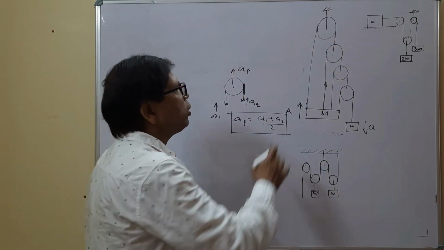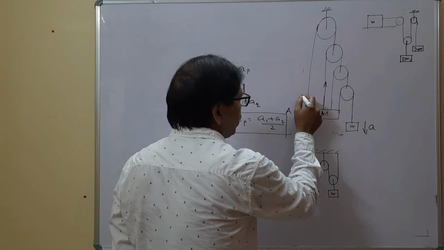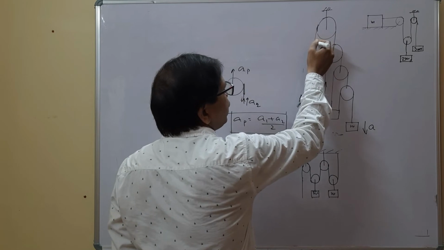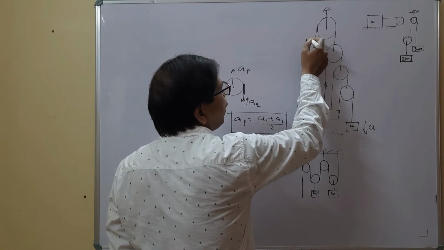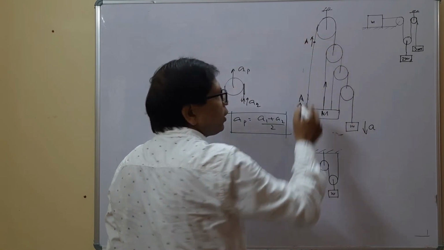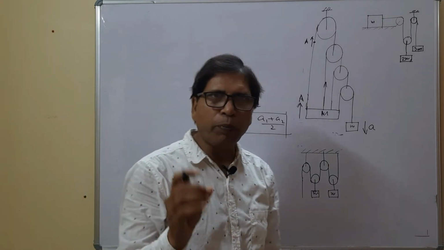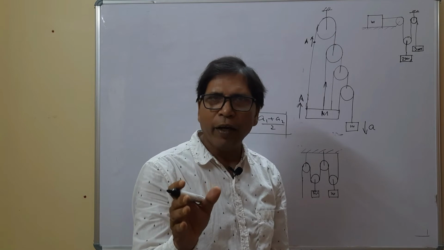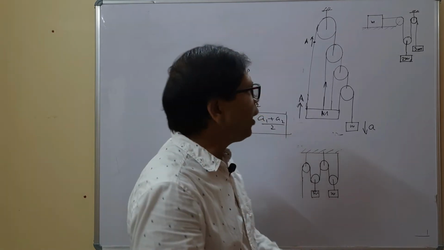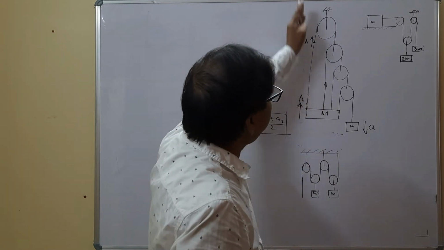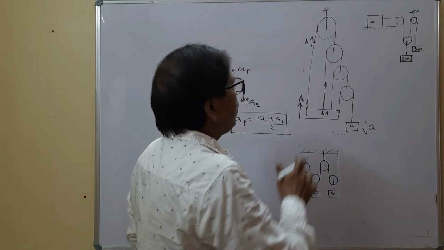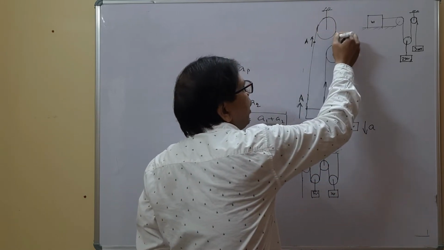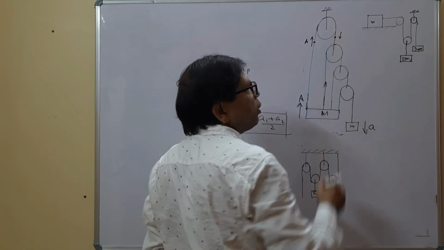Look at this, this is the fifth. Suppose the acceleration of it is A along this direction. So the acceleration of this point is also in the upward direction. Now for a fixed pulley, the acceleration at its two ends is the same but in opposite directions. That is, if the acceleration at this point is along this direction, the acceleration here is in the downward direction.